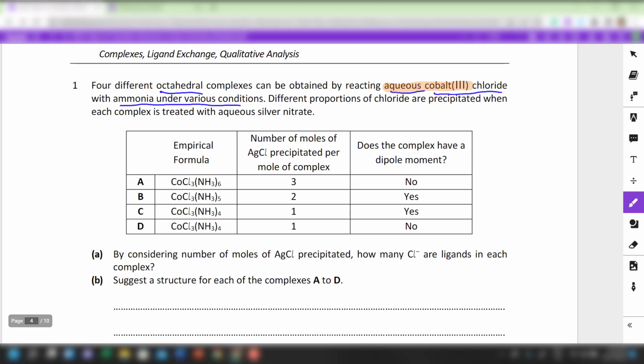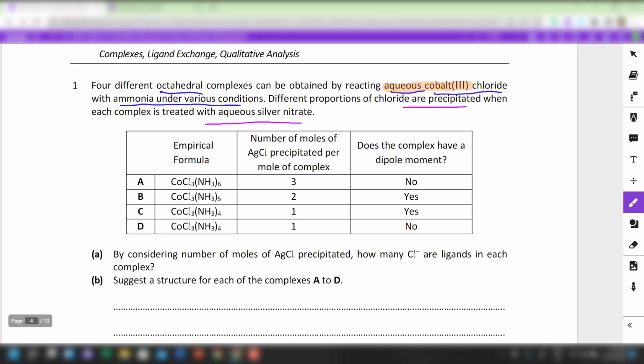You were told that different proportions of chlorides are being precipitated out when each complex is treated with aqueous silver nitrate. What this portion of the question is trying to tell you is that you have a large transition metal complex which is positively charged, and then you have some free chloride ions.